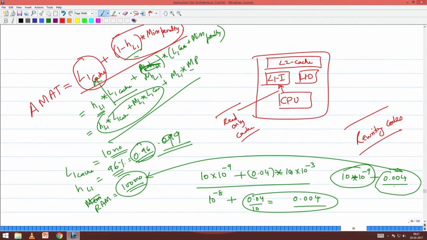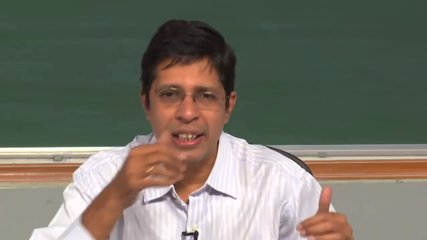Now, a lot of study has gone into architecture books on how to improve L1 cache and so on. I do not find that an interesting issue at all, because finally memory matters. If I have a faster RAM and a faster interface, this is minuscule. How will I improve the hit ratio?